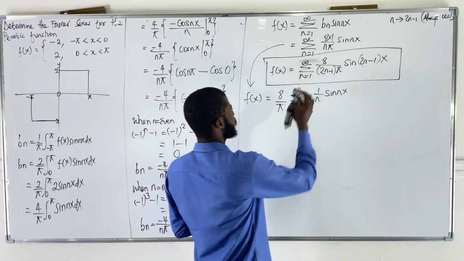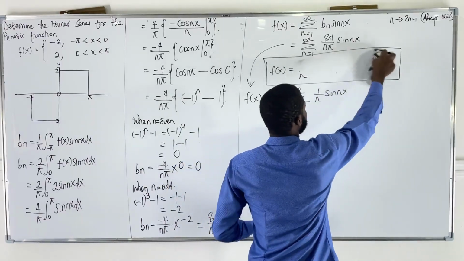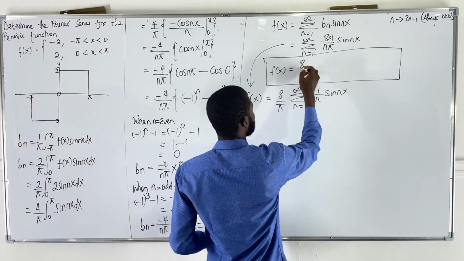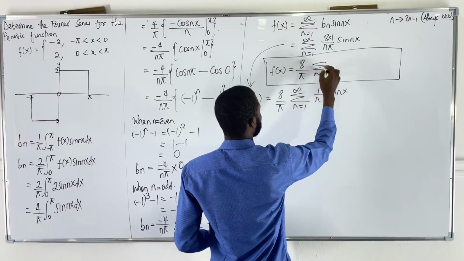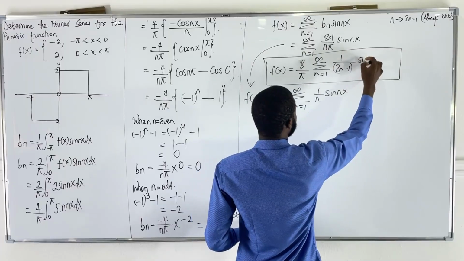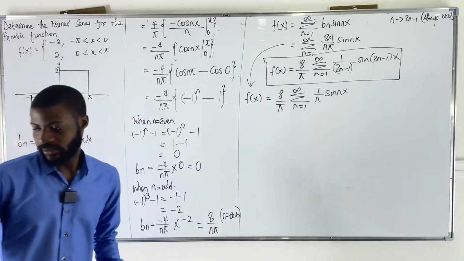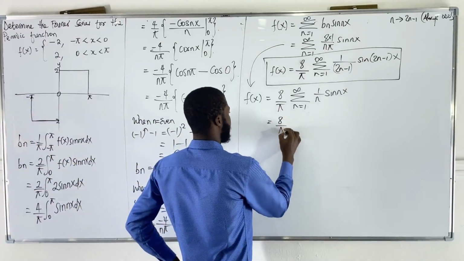So it's still the same thing, I just did not factorize the constant out. So 8 over pi, the sum from n equal to 1 to infinity of 1 over 2n minus 1 sine 2n minus 1 x. So it's still the same thing.